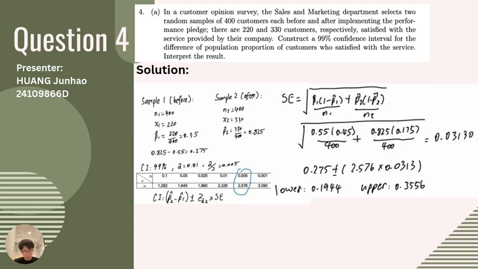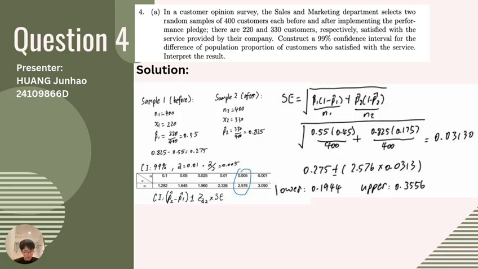For sample 2, we have n2 equals 400, x2 equals 330, so the proportion will be 330 over 400, which is 0.825. Next, we need to find the difference. So 0.825 minus 0.55 equals 0.275. This is the point estimate.